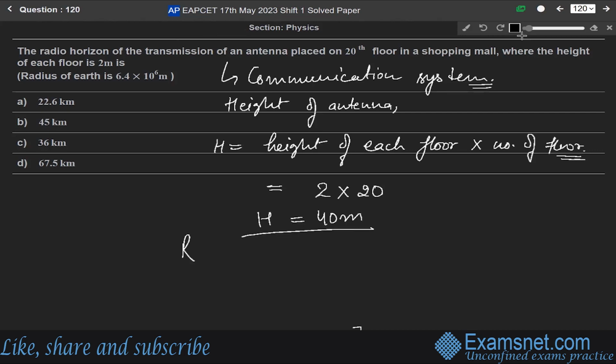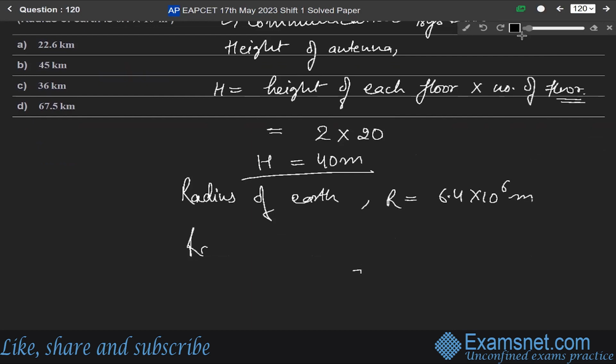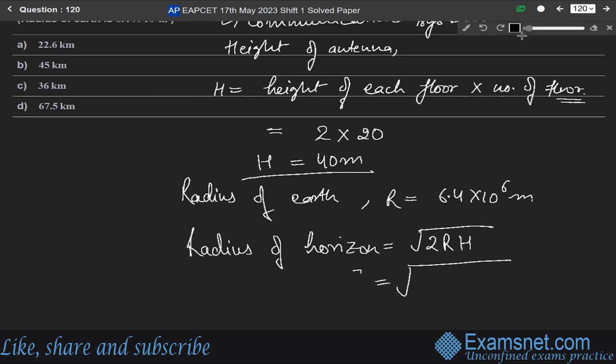Now for this, the radius of the earth R is given as 6.4 into 10 to the power 6 meter. Now the radius of the horizon will be equal to under root of 2RH, means under root 2 into R, 6.4 into 10 to the power 6, into H. H is what? 40 meter.